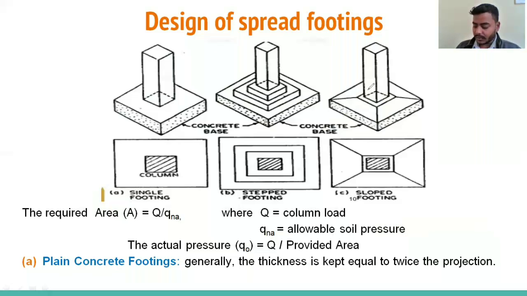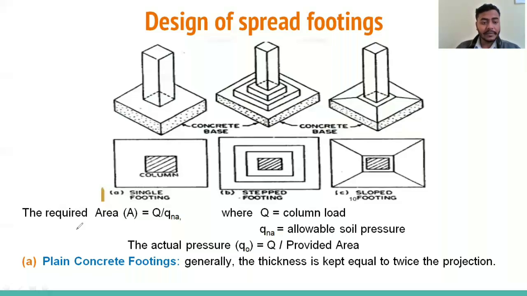So some basic procedure that we have to follow. Always we have to follow this procedure, and this is the same for any kind of foundation. Suppose you are going to design any foundation like strip footing, isolated footing, combined footing, or any other footing. You have to follow all this procedure, right?